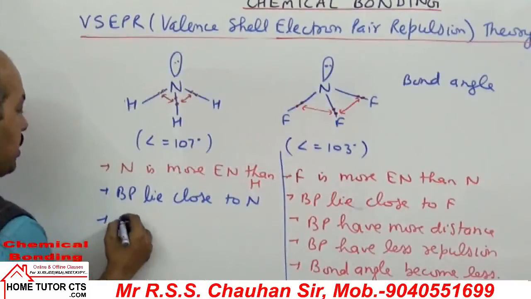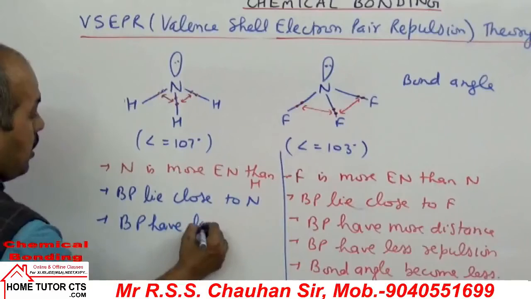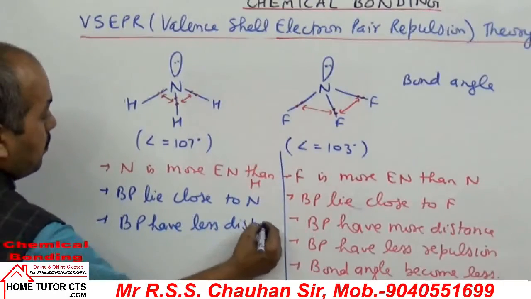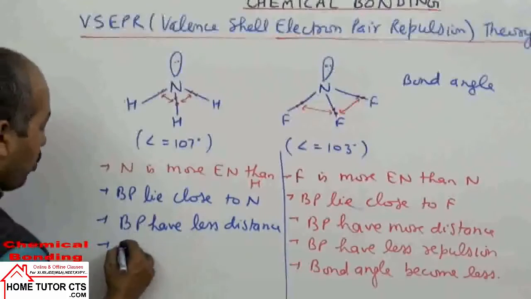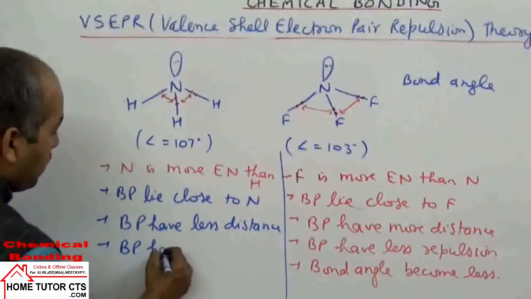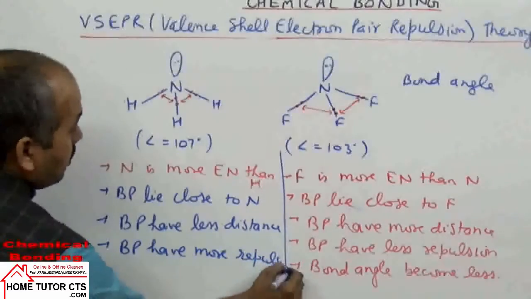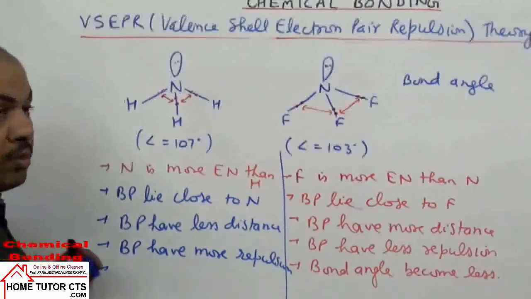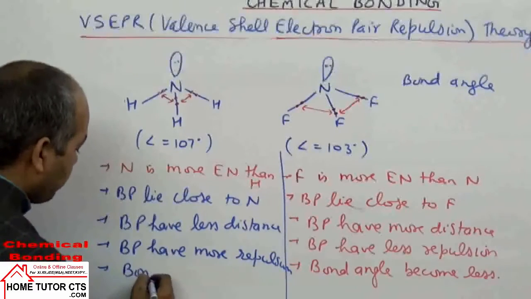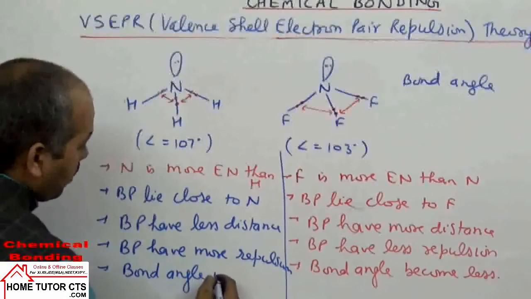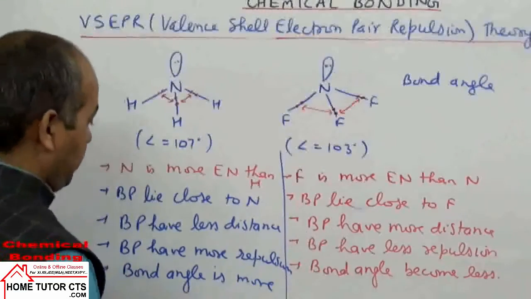The bond pairs then have less distance among them. When they have less distance, they cause more repulsion. When the bond pairs have more repulsion, the angle becomes more. So in this case, the bond angle is more as compared to NF3.